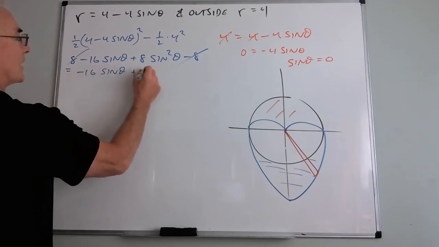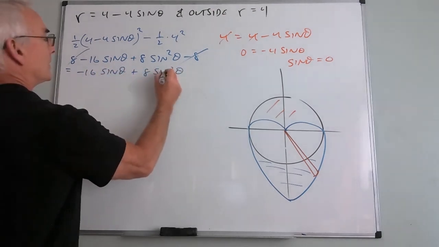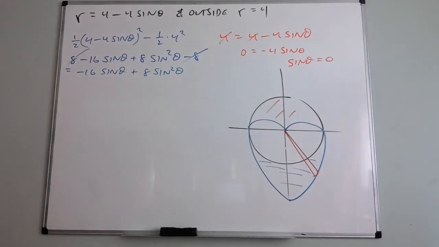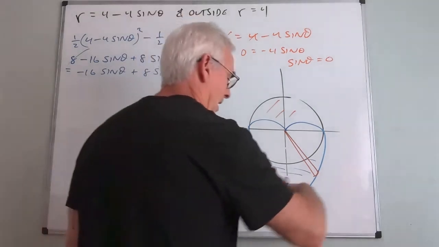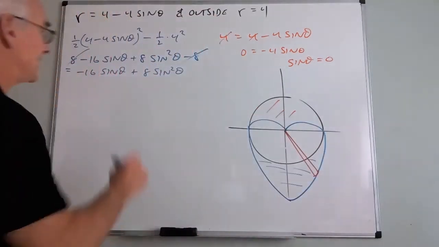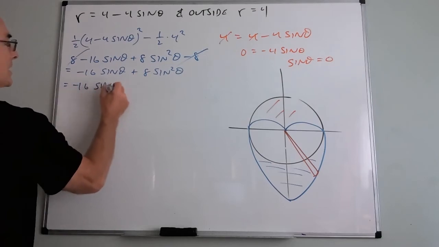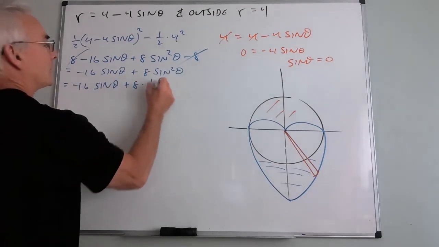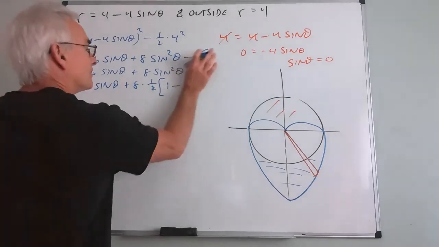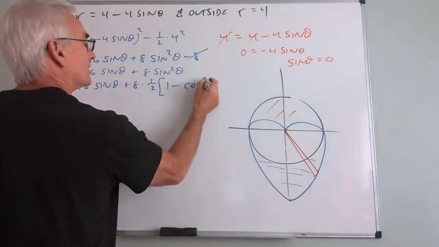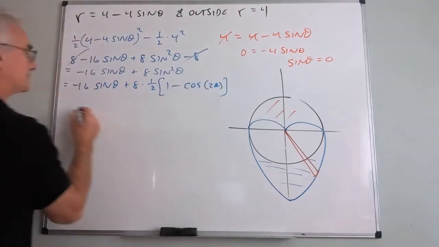So my new integrand is going to be this. I'm not going from 0 to 2 pi. We deemed we're going to go from pi to 2 pi. Now, I still need to use my double angle formula. So negative 16 sine theta plus 8 times 1/2, 1 minus cosine 2 theta.